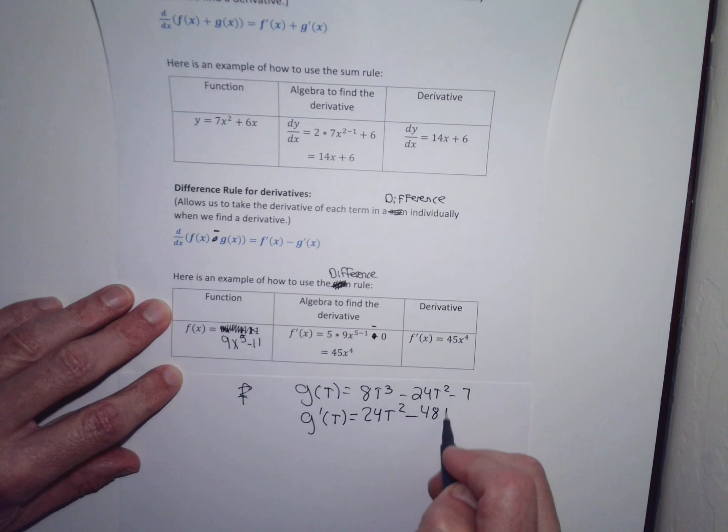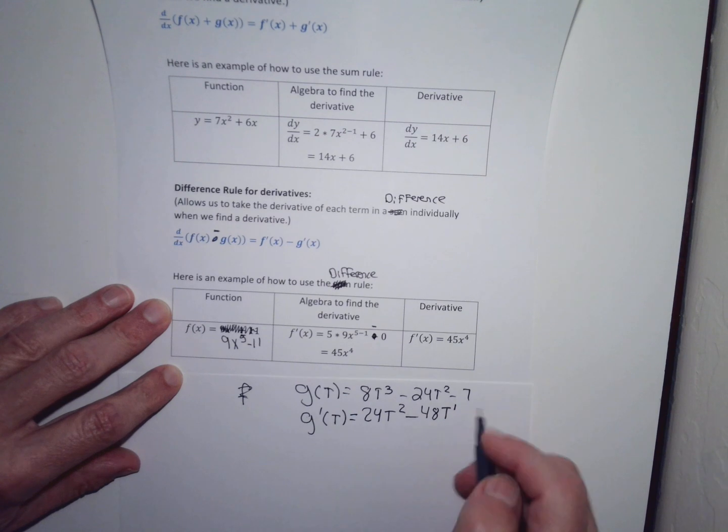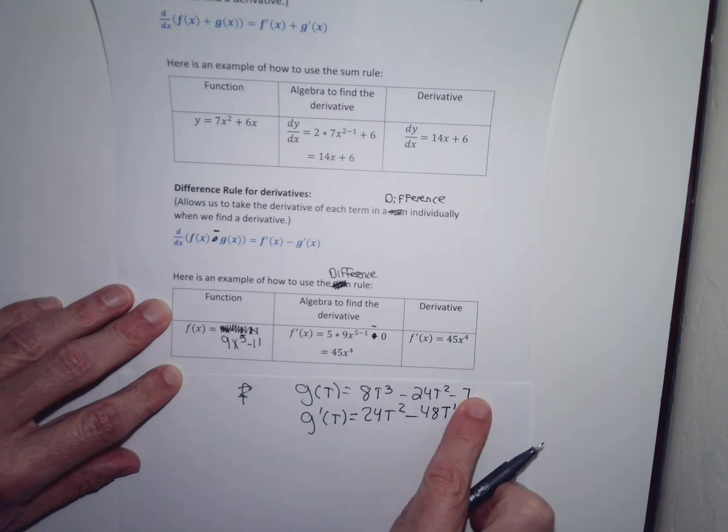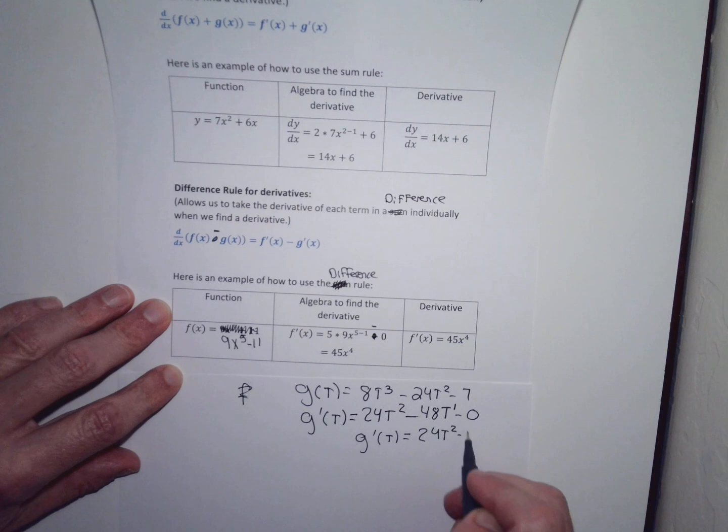Lower the exponent by 1 to get 1, but I probably really shouldn't write that 1. And the last term's a constant, its derivative is 0. So the derivative of this function that has a couple of subtractions in it, I just do the individual terms, and get the derivative is 24t squared minus 48t.